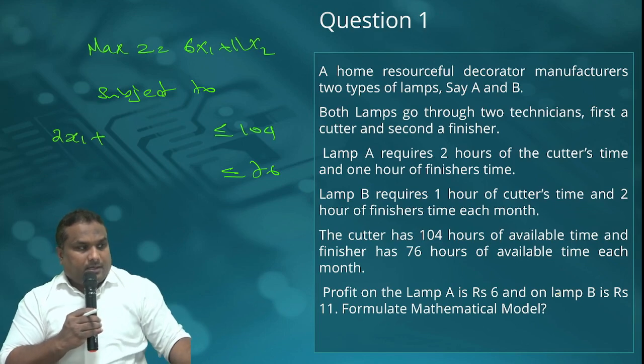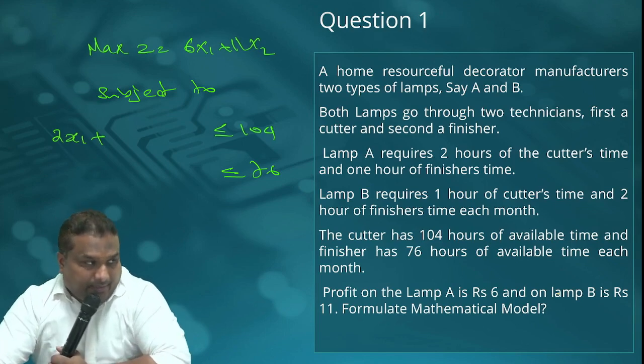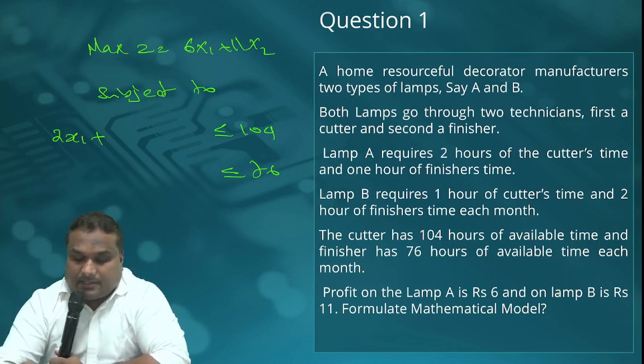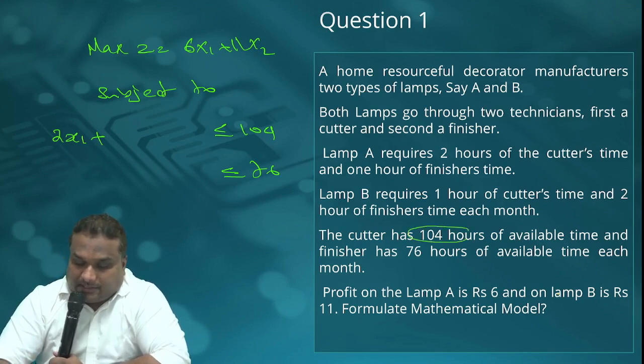Now, my dear friends, the cutter has a maximum available time of 104 hours. This is the first constraint. How is the time of cutter going? 2 hours on Lambier. We are speaking about cutter only.